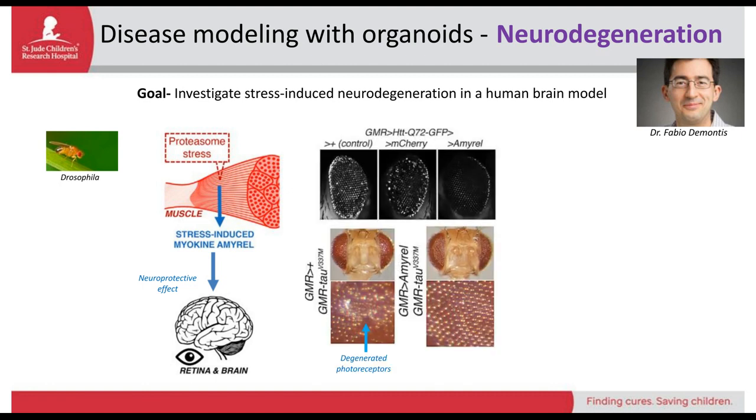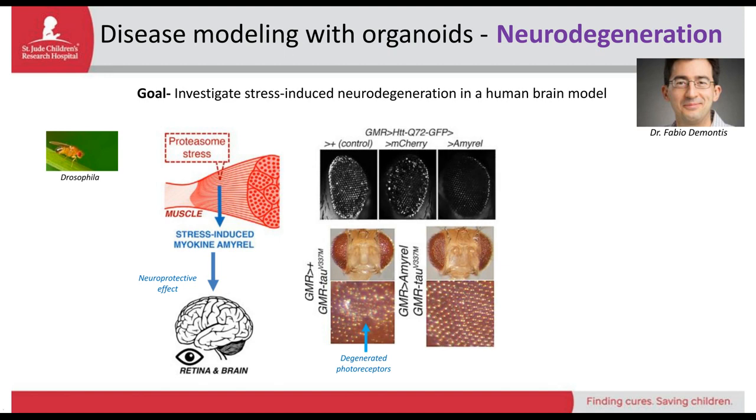So, for example, they found that Drosophila that express a pathogenic form of the Huntington protein have protein aggregates in the eye. However, if you overexpress amiral in the skeletal muscle of these Drosophila, these aggregates disappear. Similarly, Drosophila that express a mutant form of the tau protein have degenerated photoreceptors because of this protein aggregation. However, if you overexpress amiral in the skeletal muscles, then this degeneration again can be rectified.